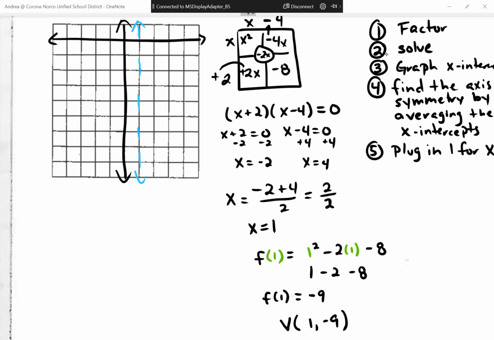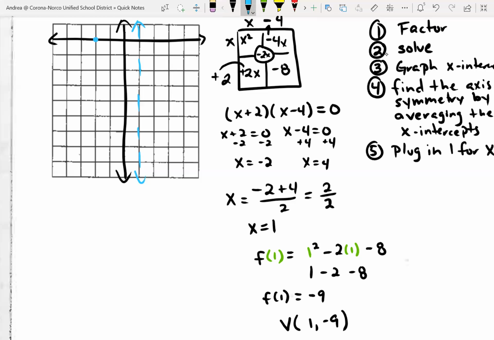So I'm going to graph my two x-intercepts again, and then I'm going to graph the vertex of 1, negative 9. 1, 2, 3, 4, 5, 6, 7, 8, 9. I can use my a value to give me more points. Up 1 over 1, up 3 over 1, and then up 5 over 1. So that will help me graph it a little bit more accurately.